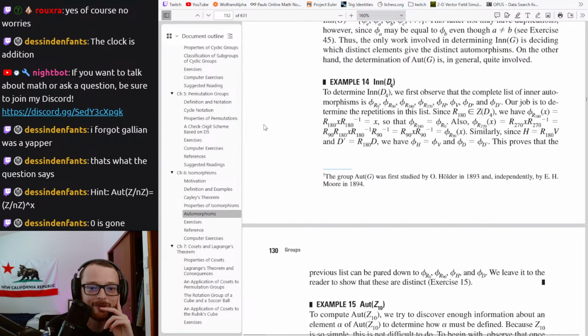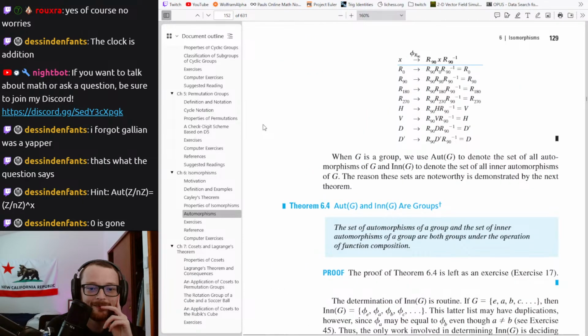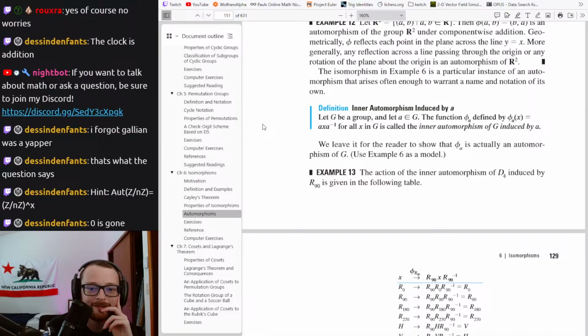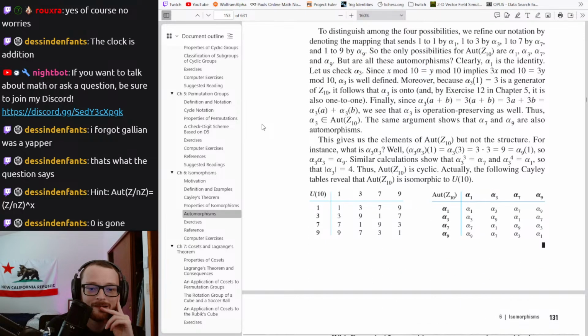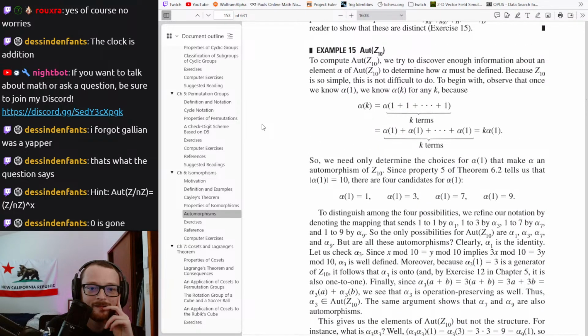I don't know what that means for us. Z10 is so simple, it's not difficult to do. You know alpha of 1, we know alpha of k for any k. What? Okay, wait, I think I understand that then. Maybe?